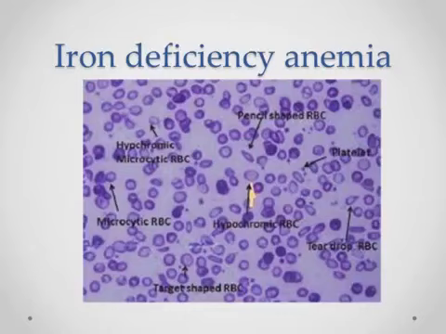Sometimes the red cell distribution width is the first of the indices to change in the CBC, because in the early stages some cells will be hypochromic and other cells are still normochromic, so the red cell distribution width will change.